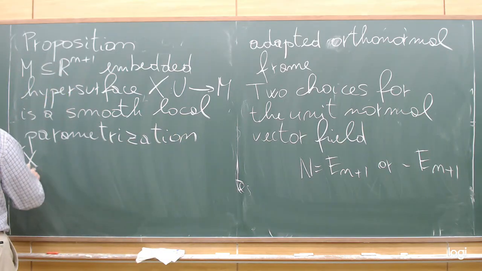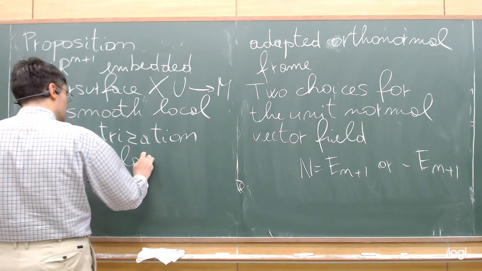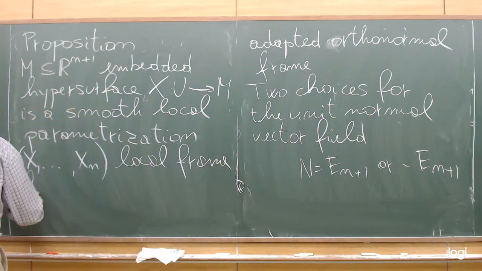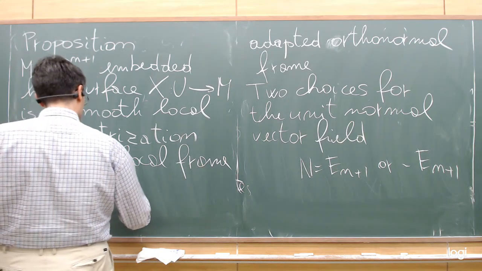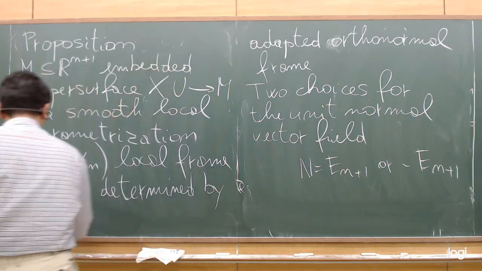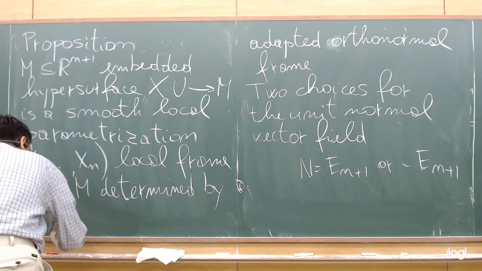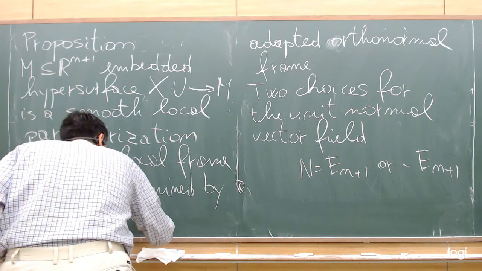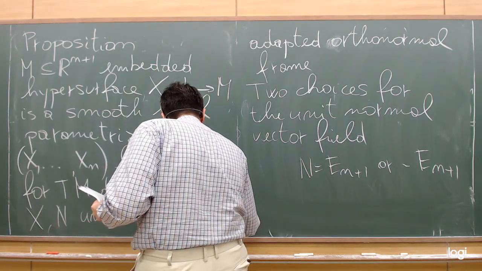Suppose that x1, x2, xn is a local frame for TM determined by x, as we have seen before, and n is a unit normal field on M.